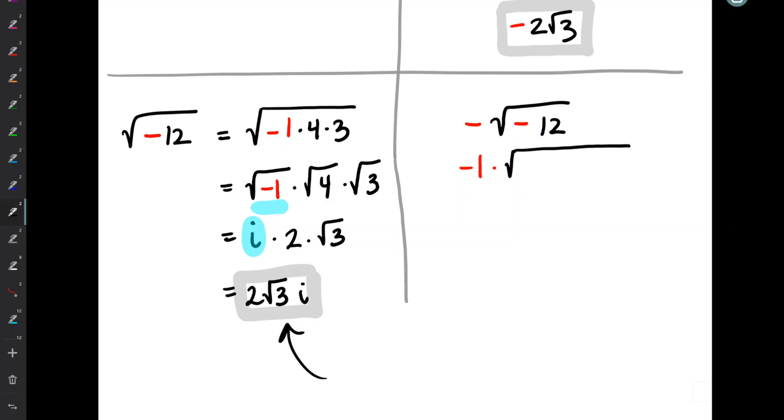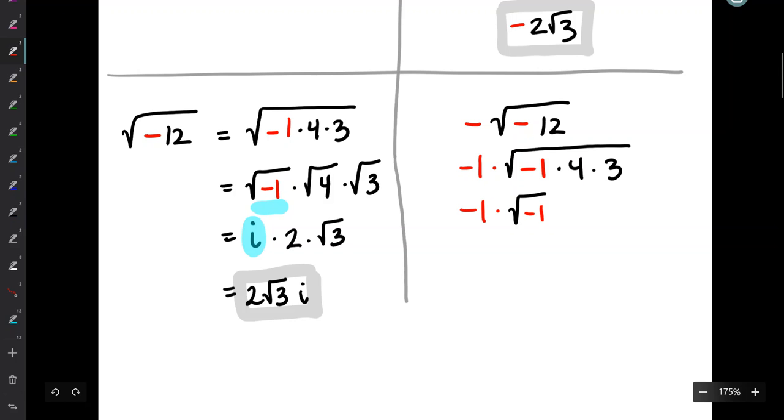But just because this is all new, I feel like walking through the steps again. Minus 12 is a minus 1 times 4 times 3. Using my product property, we're going to do the square root of negative 1 times the square root of 4 times the square root of 3.